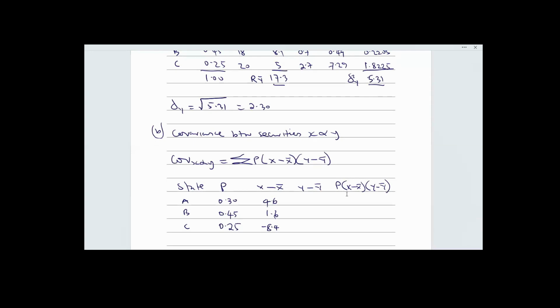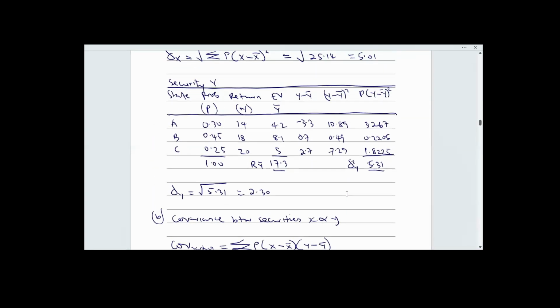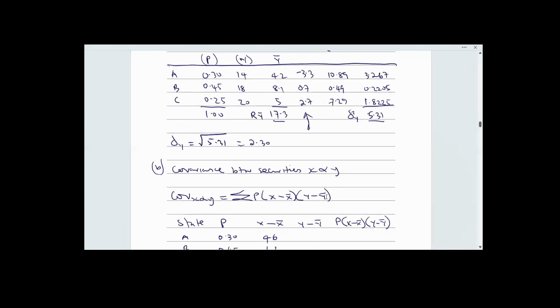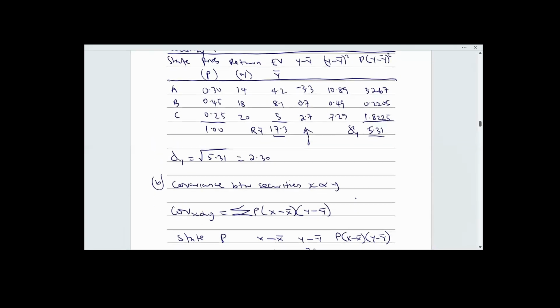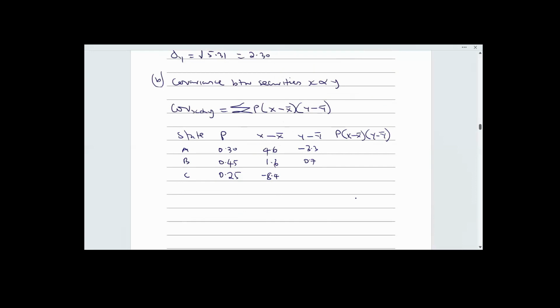Then Y minus Y bar is also here: minus 3.3, 0.7, then 2.7. So we need to multiply the three of them.